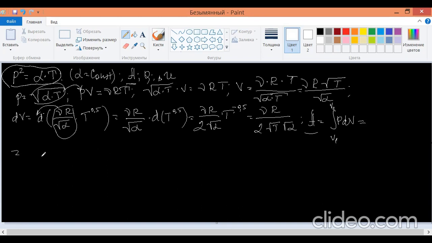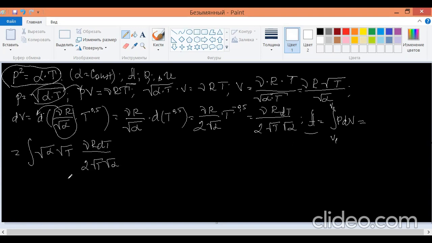Instead of P, I write this formula, and instead of dV, I write this one. Here, of course, dT.